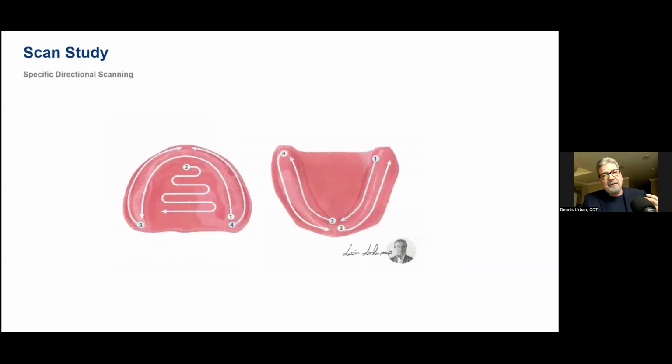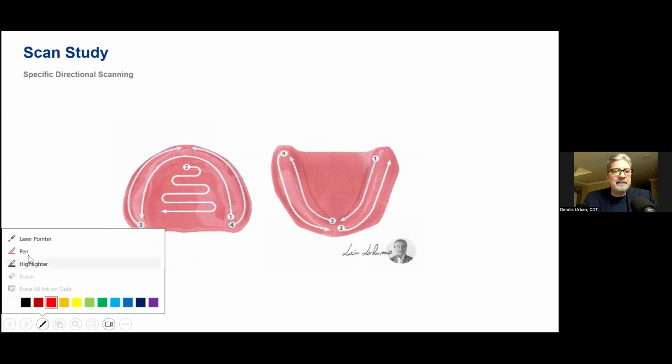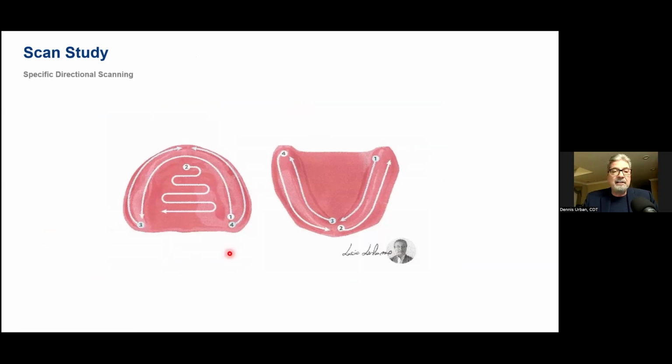I want to mention a scan study that was done by Dr. LaRusso, and he had a specific directional scanning, he called it. As you can see here, let me just get my laser pointer. On the upper, he went from the hamular notch all the way around to the other side, and then he went into the palatal area the second time, and then he went along the periphery, and then along the periphery again on the upper.